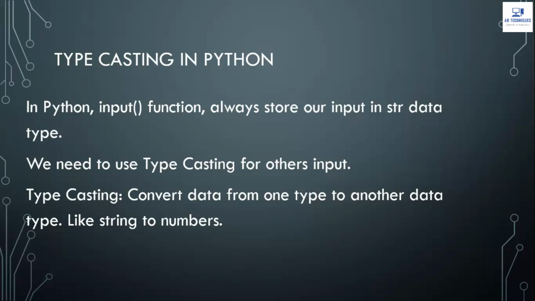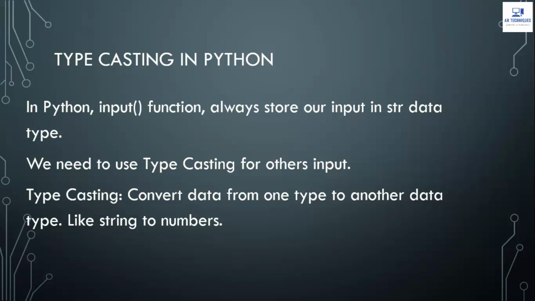In Python, every input is stored in string form. If you want to store data in different data types like integer, float, or any other types, for example if we want to take the age of the user as input and we directly use the input function, then our age will be treated as a string. If we want to store it as a number, then we use typecasting.